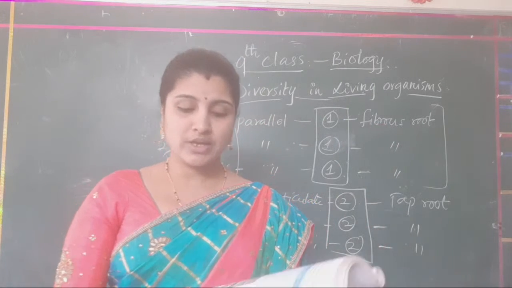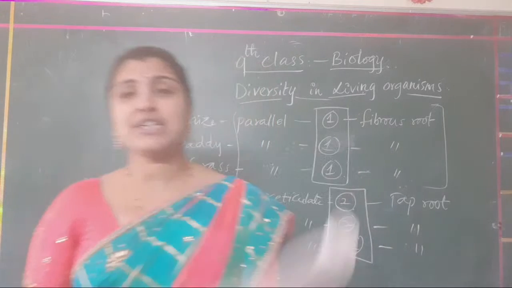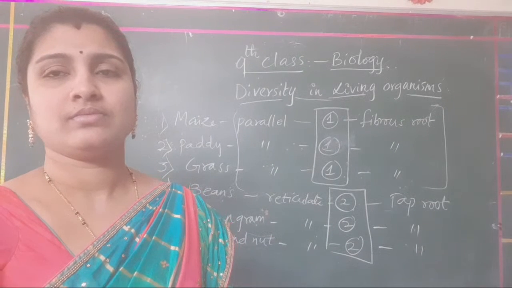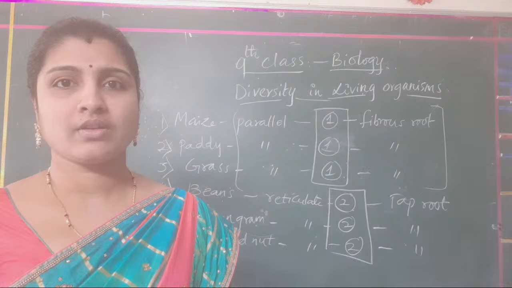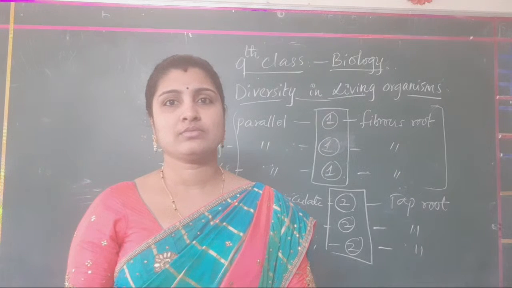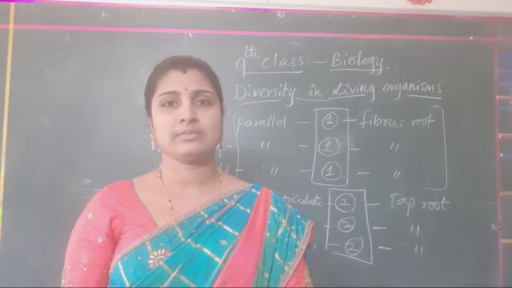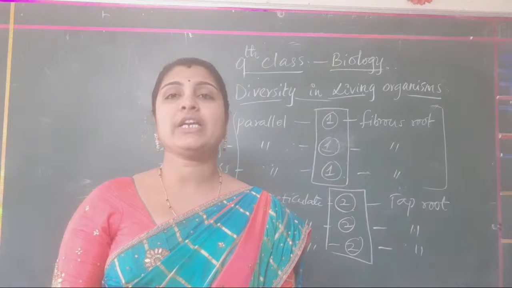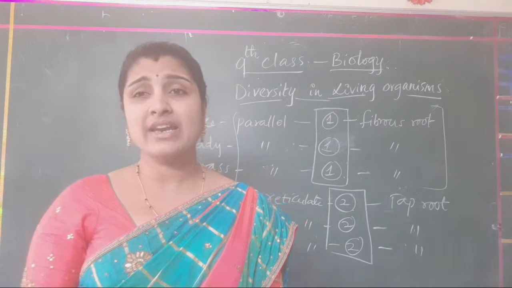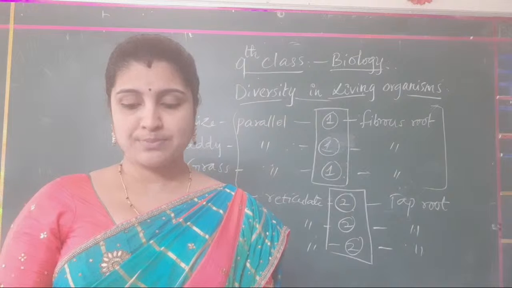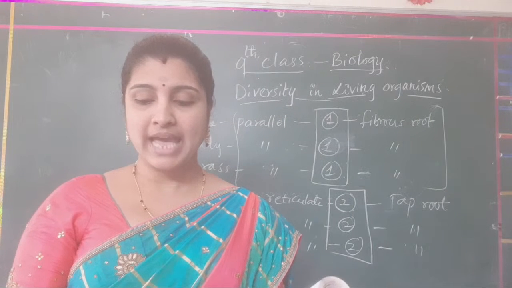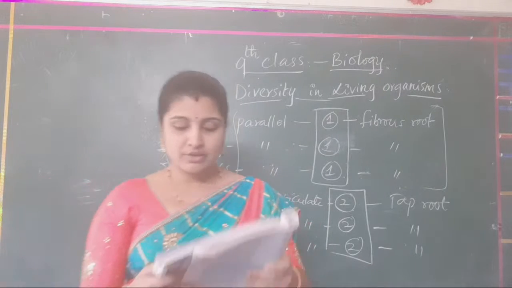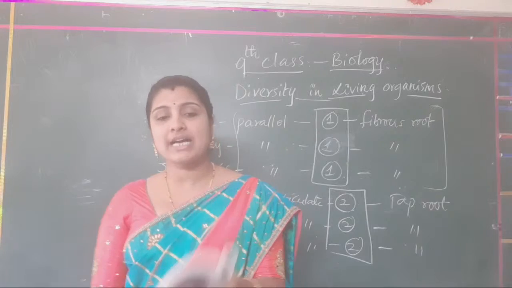Okay, so next one, diversity in animals, activity 5. Page number 53, activity 5, observation of external characters of insects. Here they are saying about collect housefly.